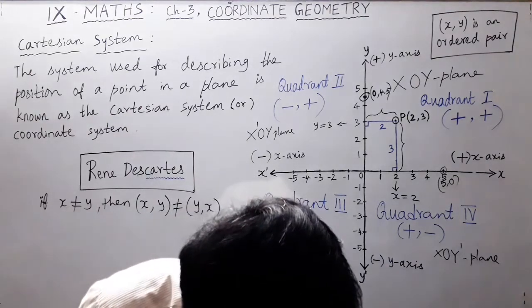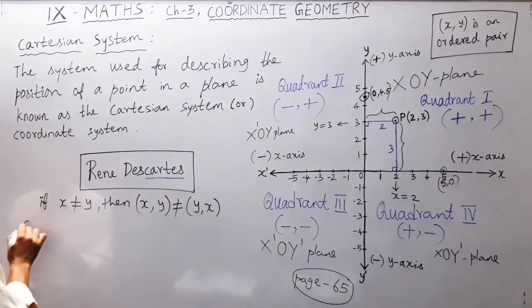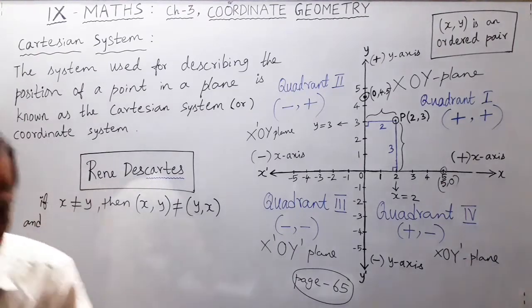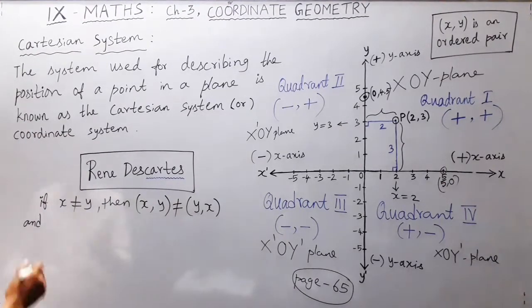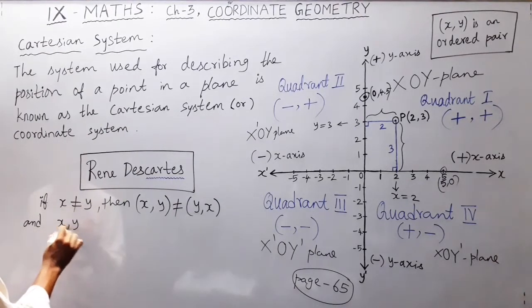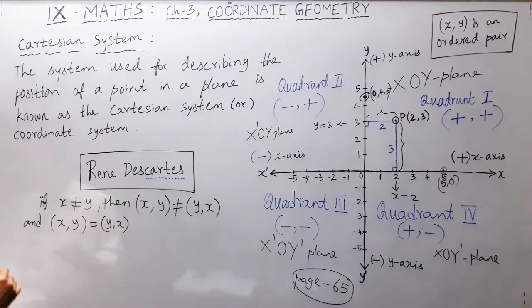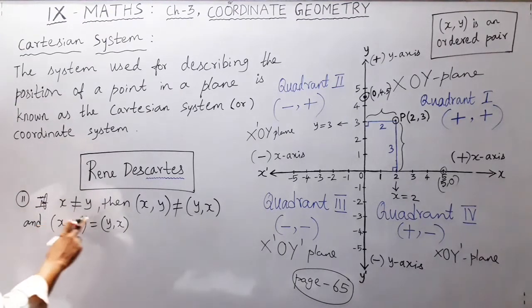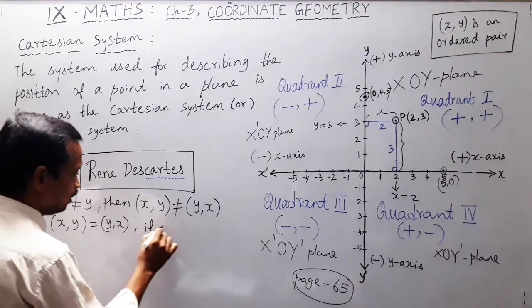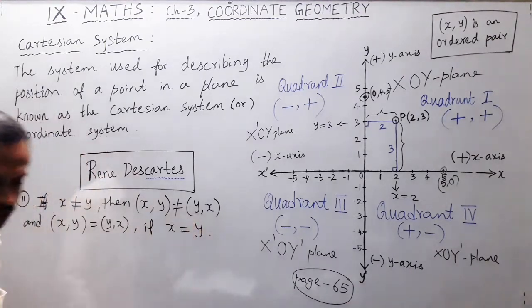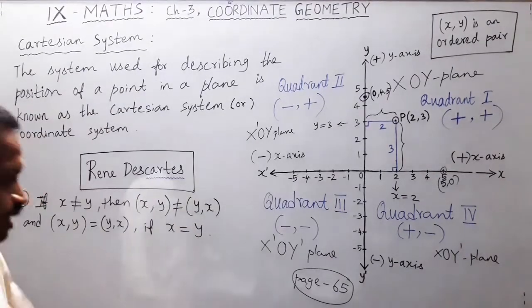And if x equal to y, if both are equal, x comma y equal to y comma x. This is point number 11 in your book. Okay, if x not equal to y, then x comma y not equal to y comma x, and x comma y is equal to y comma x if x is equal to y. So this is what is given in the last point of page number 65.